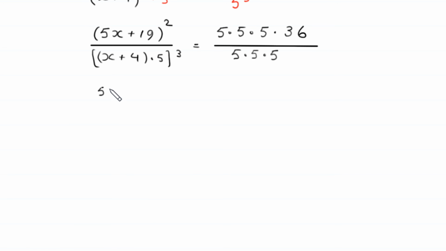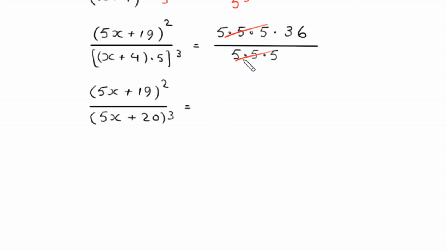Next, (5x + 19)² divided by 5 times x is 5x and 5 times 4 is 20, whole cubed, is equal to... this 5 times 5 times 5 will be cancelled out, and at the right hand side we are left with 36.